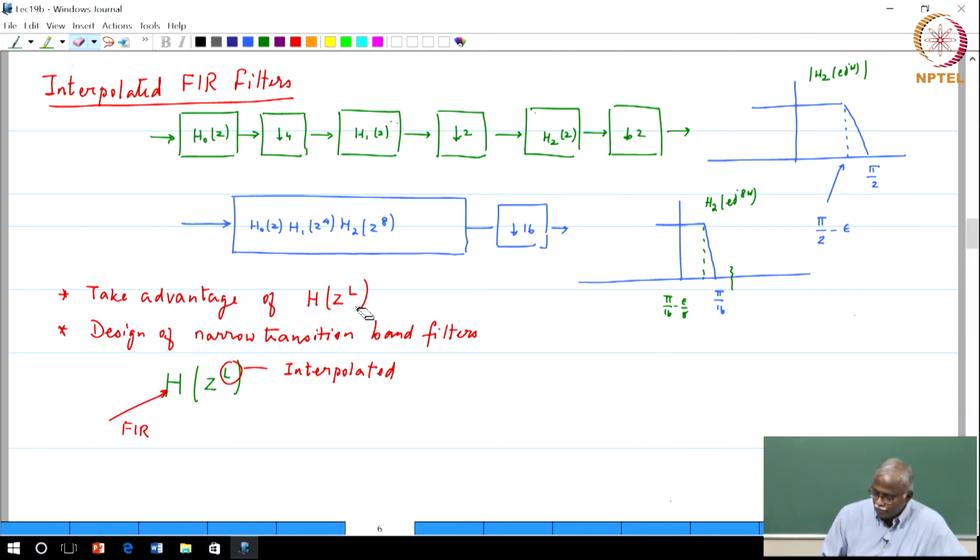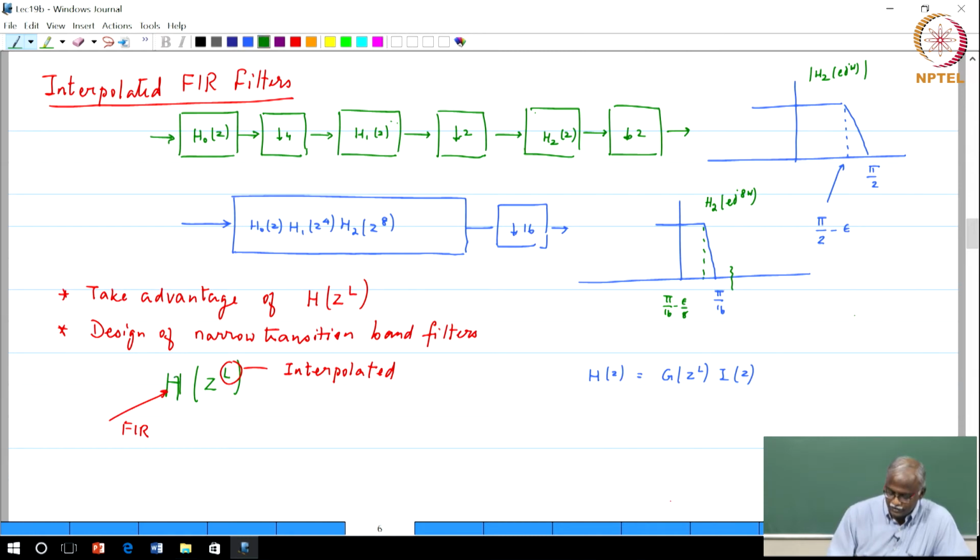So basically we saw the example where you can design a filter H of Z as G of Z raised to the power L followed by an interpolator. By the way, this type of design is called an interpolated FIR filter.